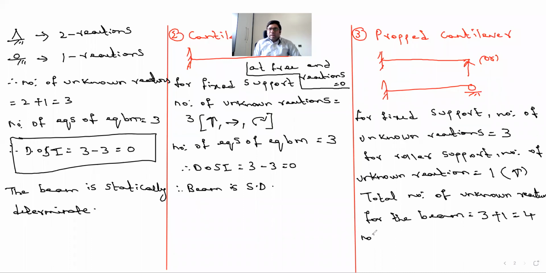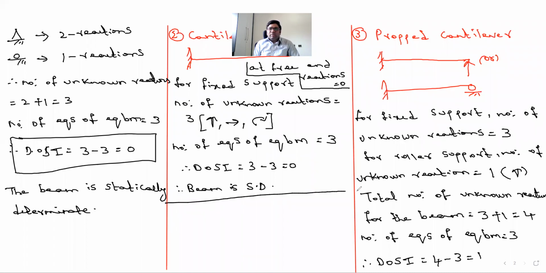Next, number of equations of equilibrium, how many? 3. Therefore, degree of static indeterminacy is equal to 4 minus 3, that is equal to 1.